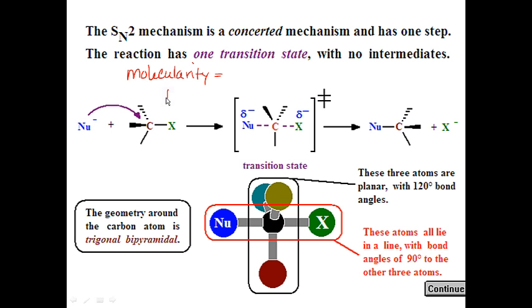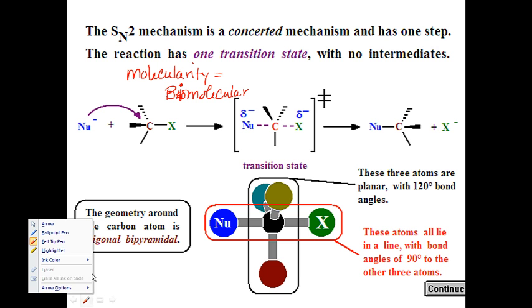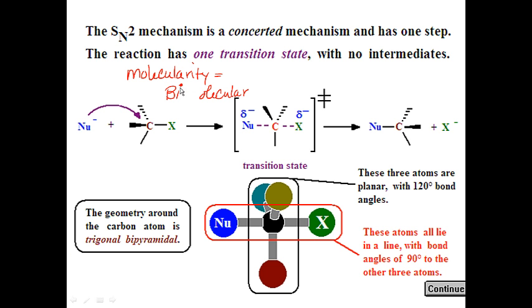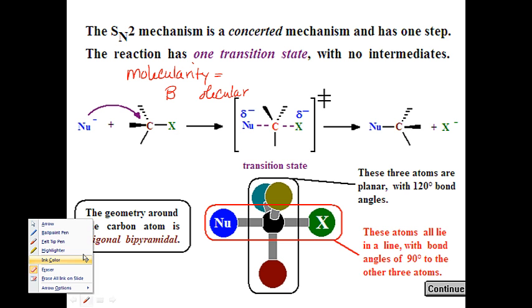2. And so this would be called a bimolecular reaction because 2 molecules are reacting in this elementary step.